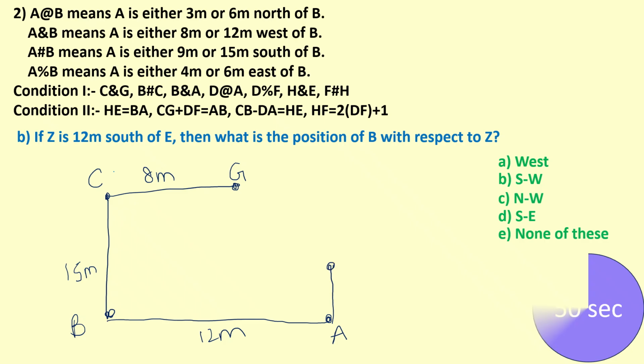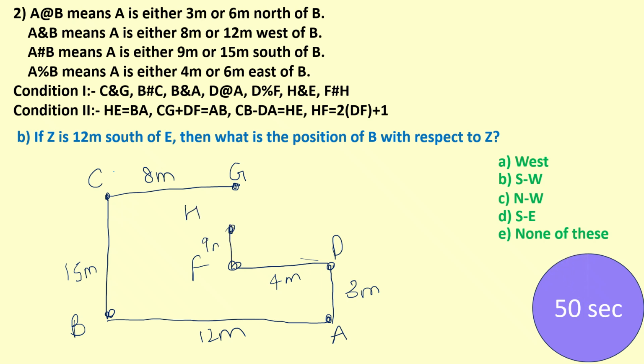Then D here is placed, which is 3 meter. Then you have F, which is 4 meter. H, 9 meter. Okay, time up, students. What answer you got? Here is E, which is 12 meter.